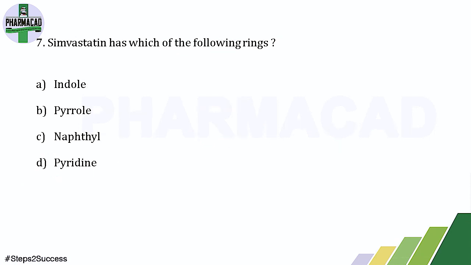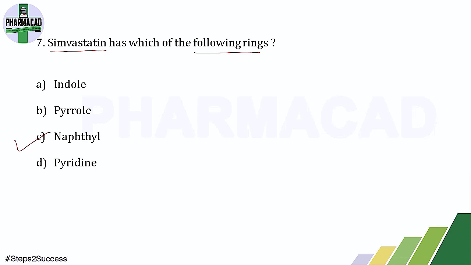Now the next question is, simvastatin has which of the following rings? The primary structure for statins resembles HMG-CoA because it has to bind to it. So a glutamic acid residue is a must. Then we have the major one, that is the naphthyl ring.